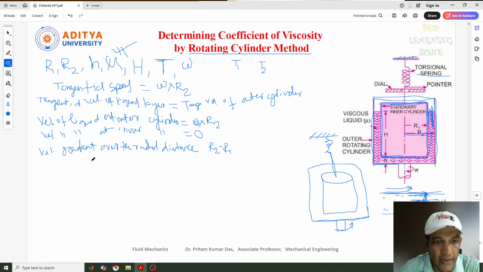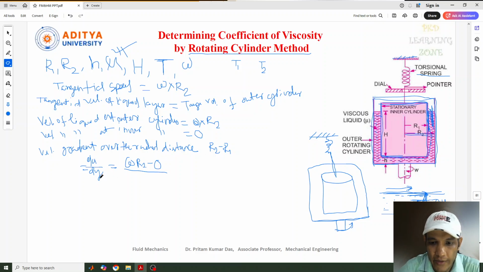Now the velocity gradient we can write as du by dy, and here du is the difference of velocity. One is the velocity of the outer one, that is omega r2. And as I told, the inner cylinder is 0, because near the surface we need to consider, most of the velocity will be 0, so 0 into r1 will be 0.